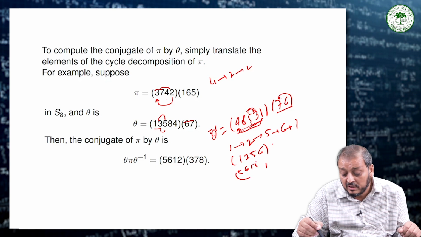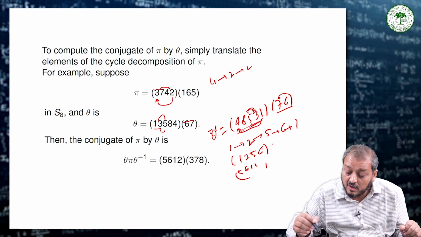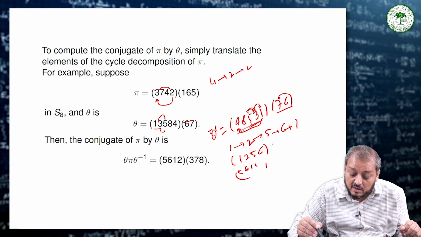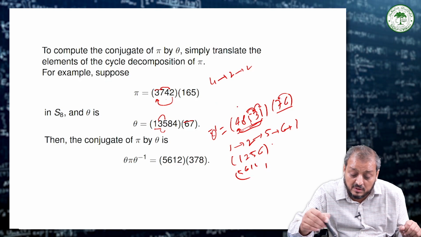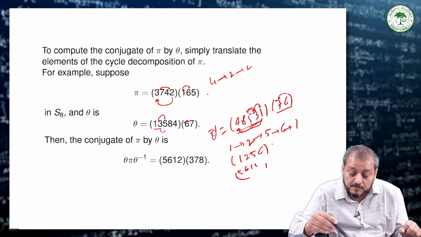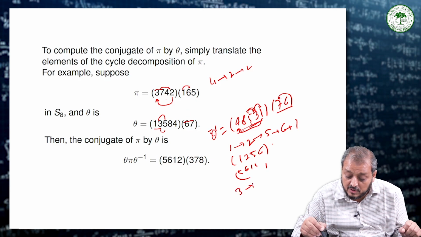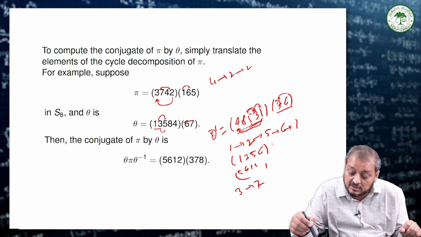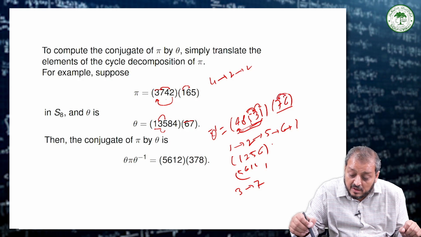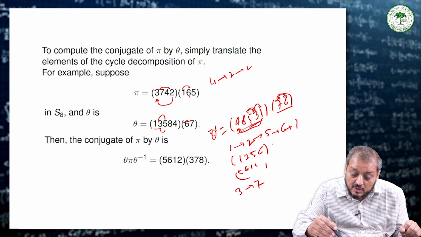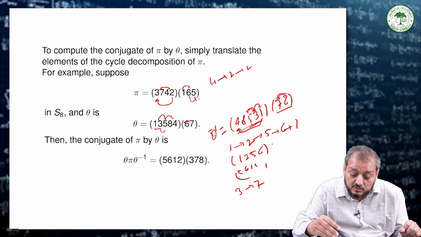Now we start again with 3. 3 goes to 1, then 1 goes to 6, then 6 goes to 7. So 3 goes to 7. Now 7 goes to 6, and now 6 goes to 5, and then 5 goes to 8.